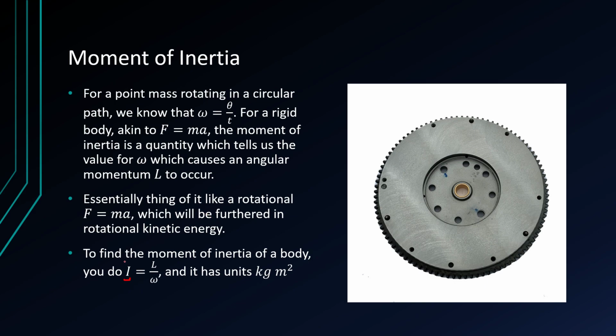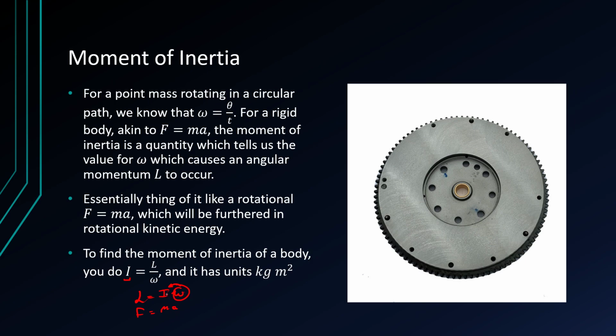So it's written, the moment of inertia is the angular momentum divided by the angular speed, which can also be written as L equals I omega. Now this is sort of like F equals ma in a sense, but this quantity shares one of its inner quantities with the moment of inertia, that being one of the meters.